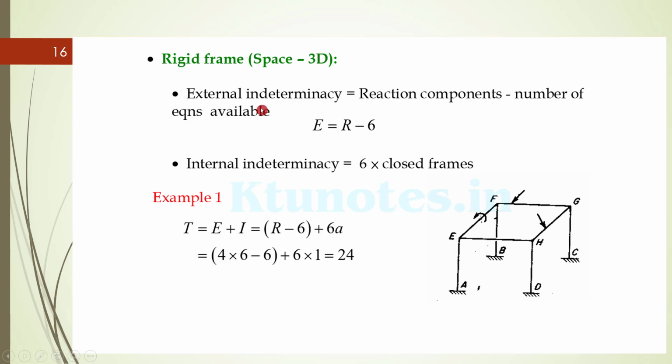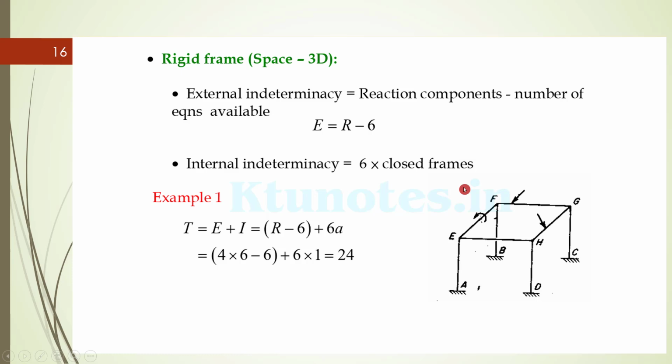Like this, for the space rigid frame, the total indeterminacy can be calculated by the addition of the external plus the internal, but note that external is equal to r minus 6, because being in space you have 6 equilibrium equations, 3 linear and 3 rotational. So r minus 6 will be the external indeterminacy and internal will be 6 into closed frames.